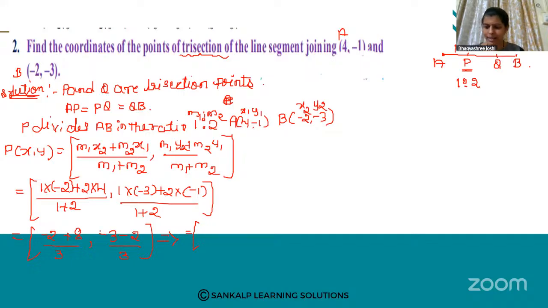Minus 2 plus 8 is 6. 6 divided by 3 is 2. And minus 3 minus 2 is minus 5, divided by 3. So the coordinates are 2 and minus 5 divided by 3. So this is the coordinates of P, when P divides the line AB in the ratio 1:2.